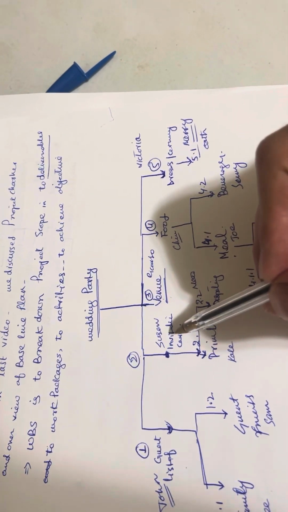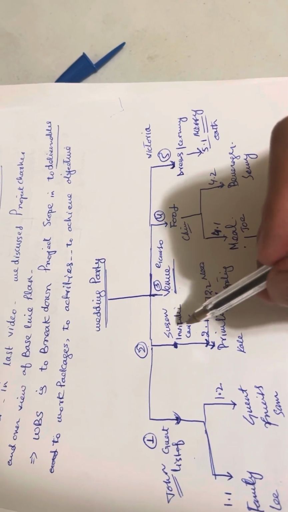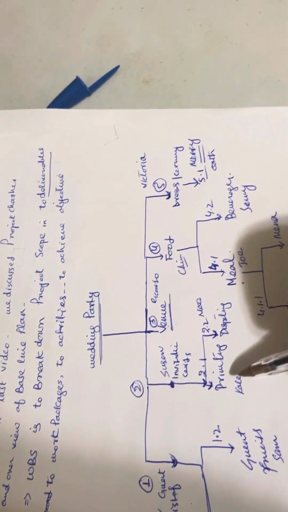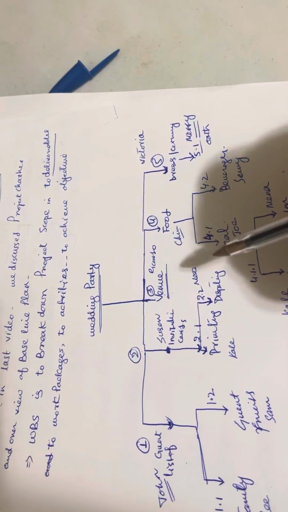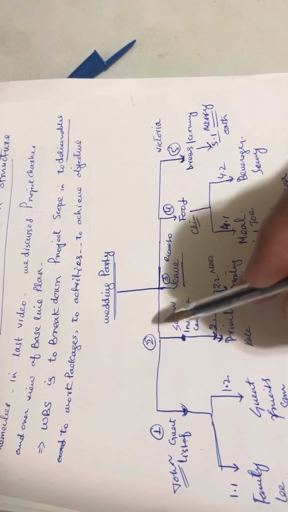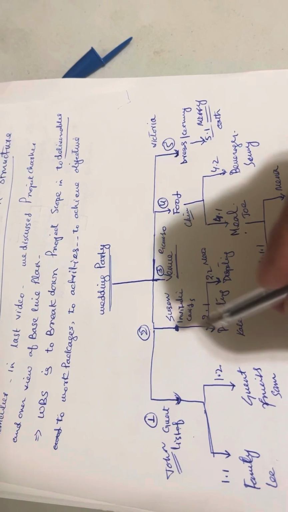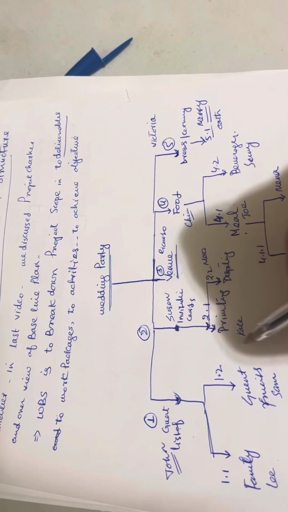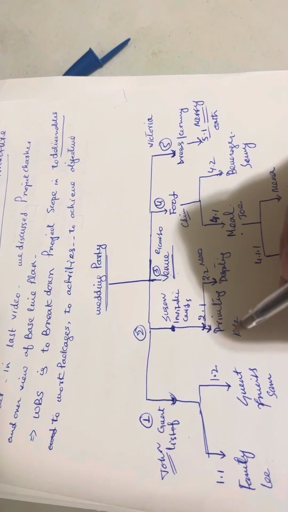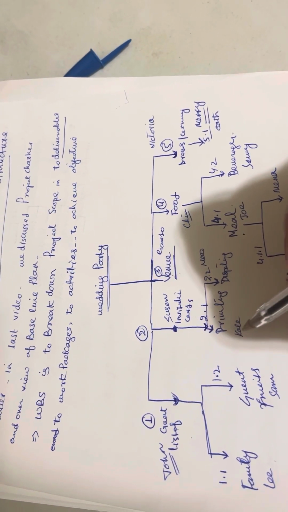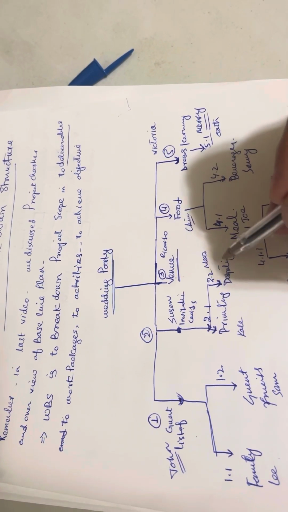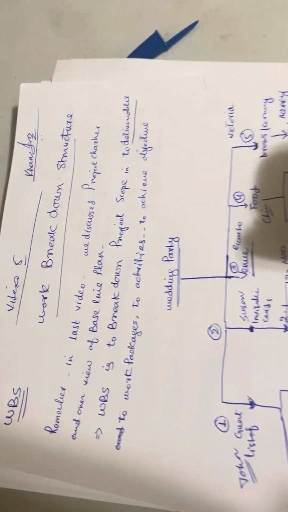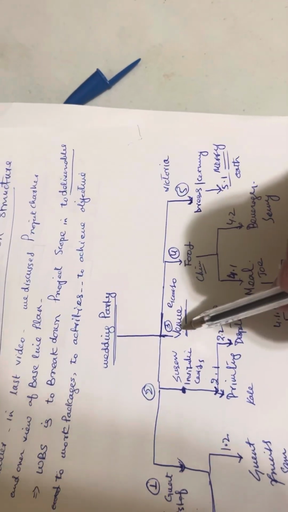The second one is the invitation card. Here I put the printing and dispatching. So this is number 2. When you further decompose this deliverable, I decompose it in two, so 2.1 and 2.2 are the numbers I give. This is the identification number.